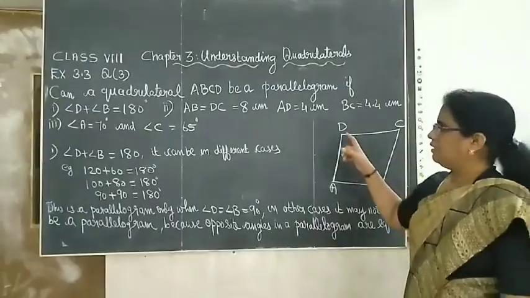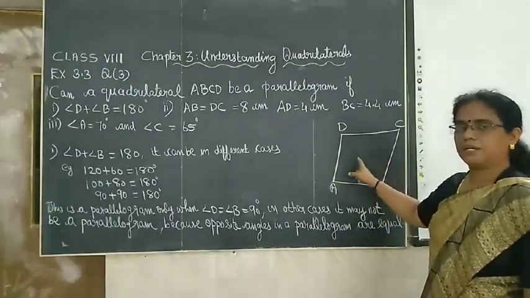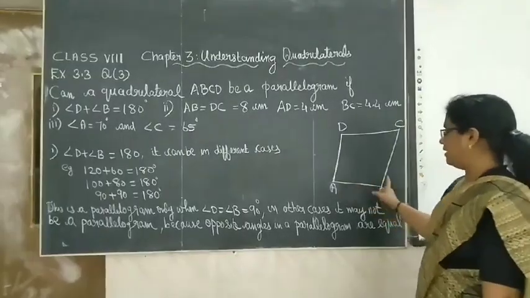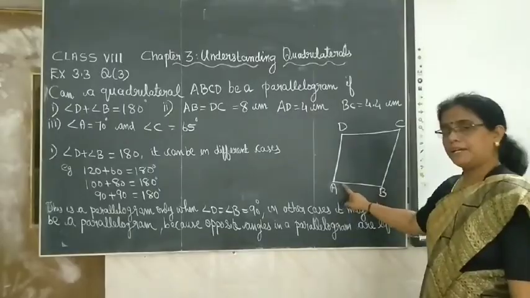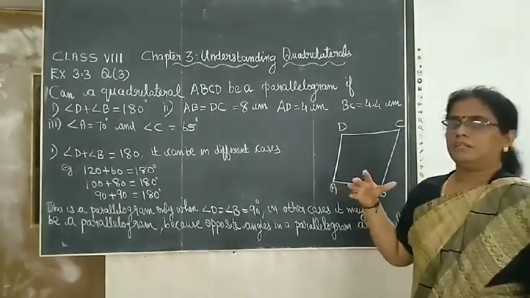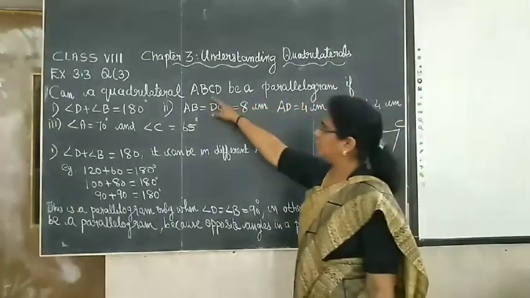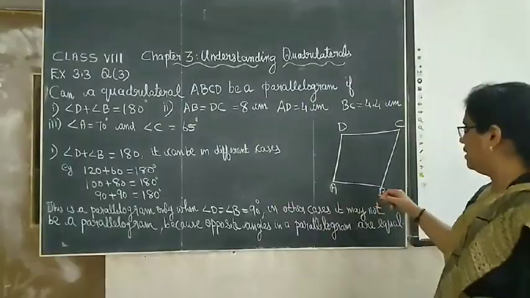So here, first we have to draw a quadrilateral, a parallelogram ABCD, and when you put the names, give them in order. That is, after A, B, then C, D. Every time, if the name is given, then give that name in the order A, B, C.